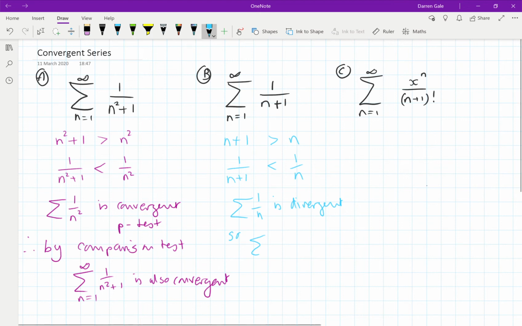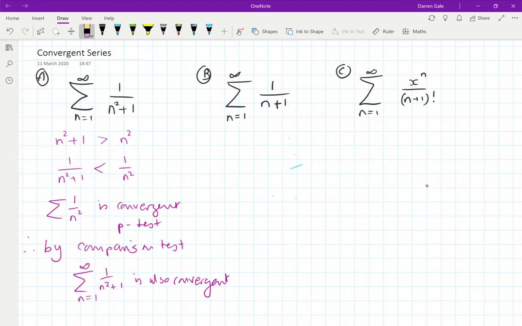I have to go to something else, and that is the limit comparison test. So what does the limit comparison test say? If I do 1 over n plus 1 over 1 over n, and I look at the limit of that as n goes to infinity, that's the limit of n over n plus 1 as n goes to infinity.